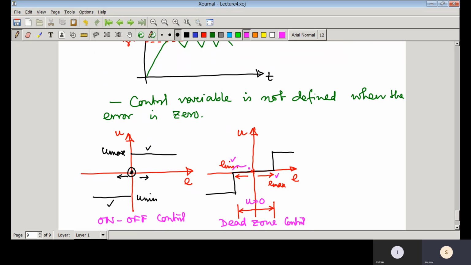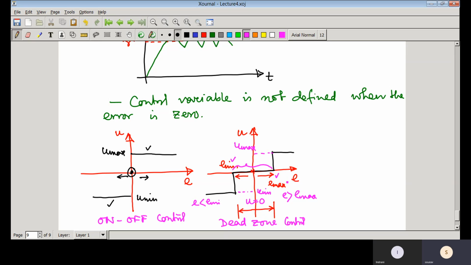So we are allowing some dead zone where there is no control input, u equals 0, but when error is greater than E max, we immediately apply u max. Similarly, when error is less than E min, we apply u min.